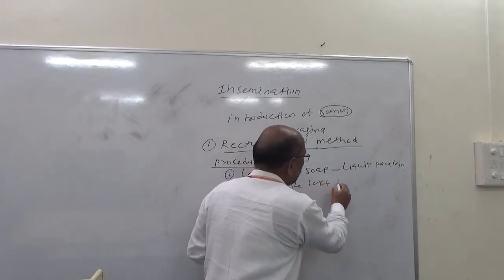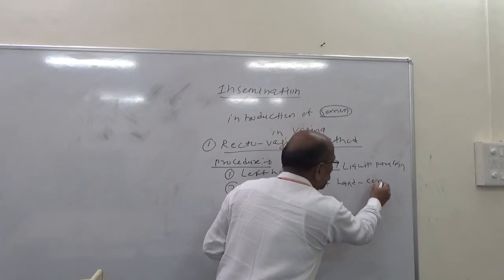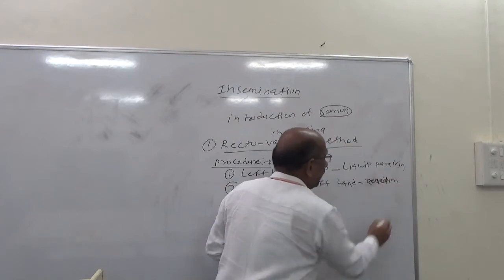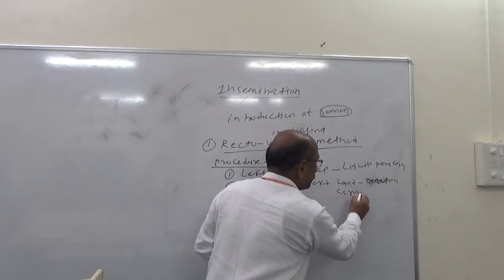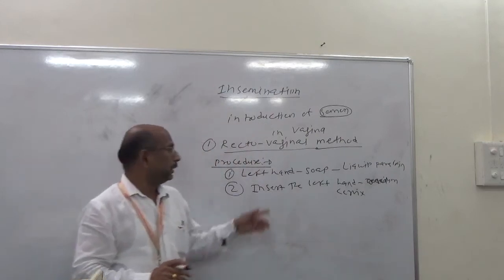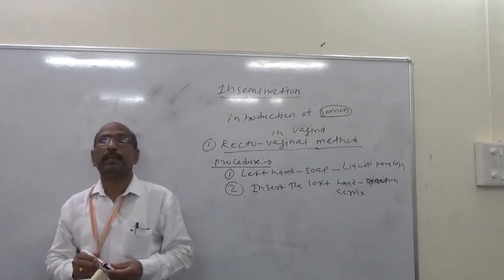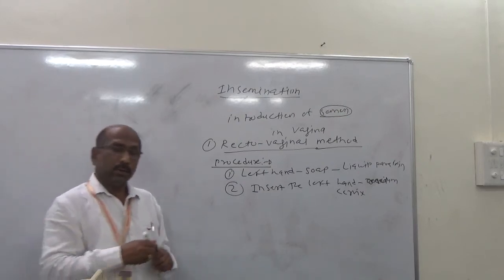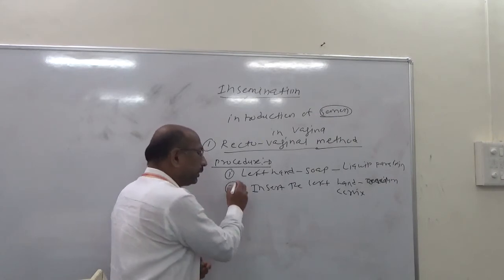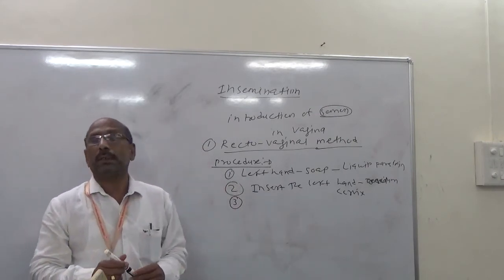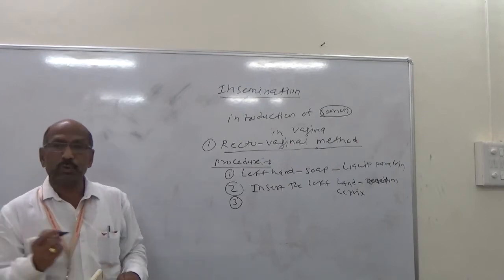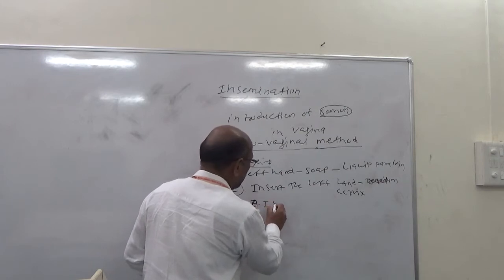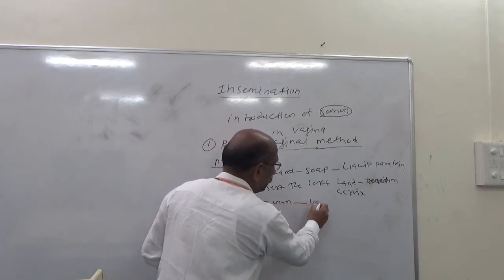Insert the left hand into the rectum and grasp the cervix, and next, with the help of the right hand, introduce the insemination gun, that is the AI gun, into the vagina.